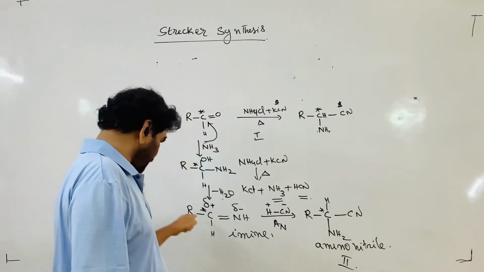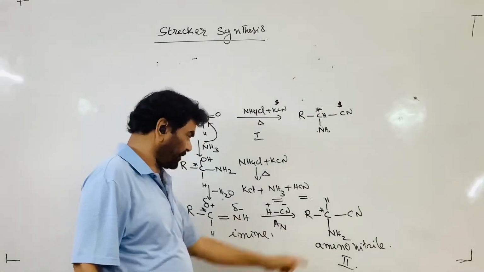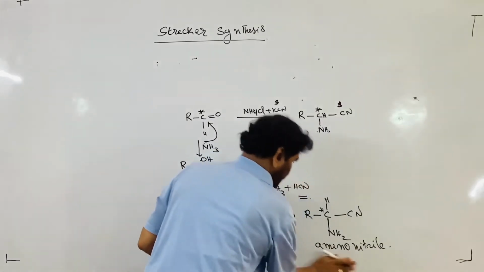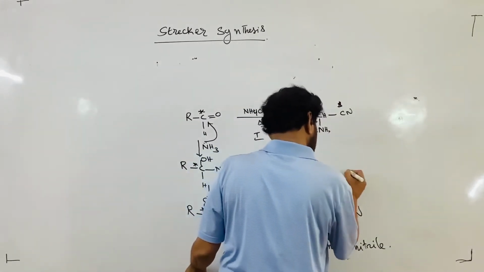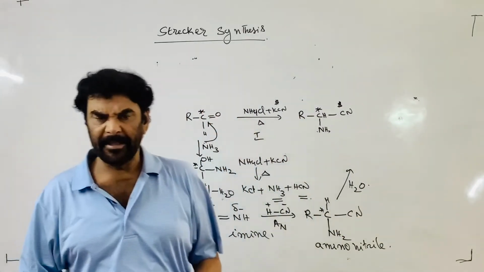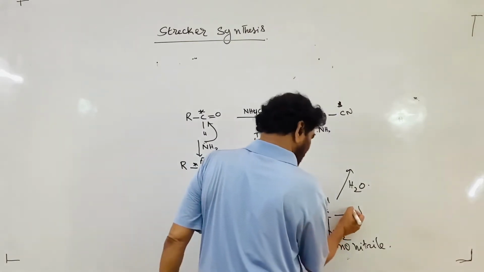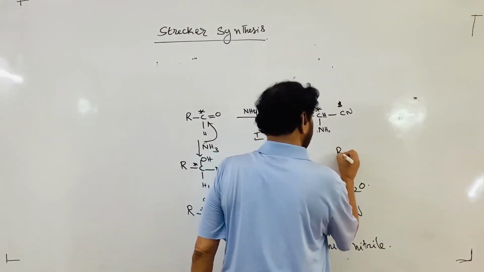So this is the first step. Entire thing is the first step. It is the intermediate. Now this on hydrolysis, you know that it can be carried out in the acid medium or base medium. The cyanide group is converted into the carboxylic acid.